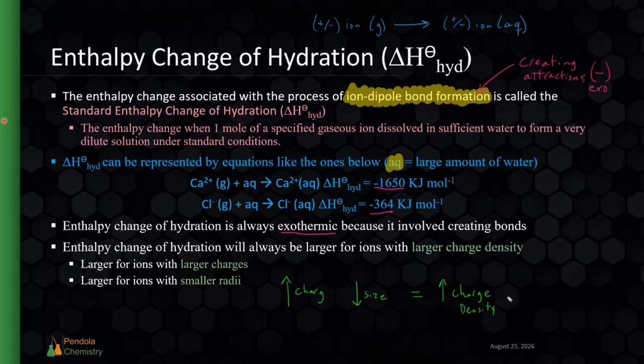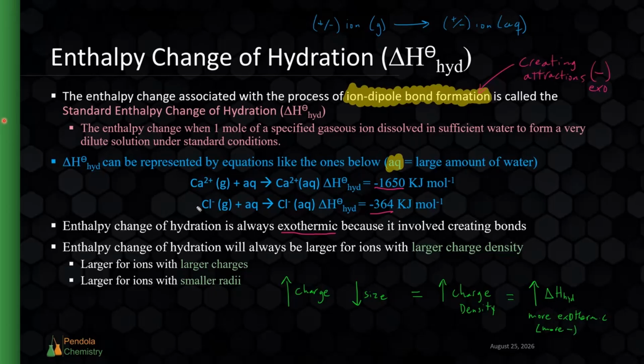And if we have a large charge density, that means that the bonds formed between the ion and water are going to be very strong, and so we're going to have a very large, or very negative, shall we say, delta H of hydration. So the larger the charge, and the smaller the size, the larger the charge density, and therefore the larger, more exothermic, more negative, the enthalpy change of hydration will be.